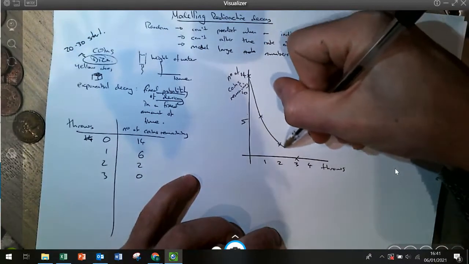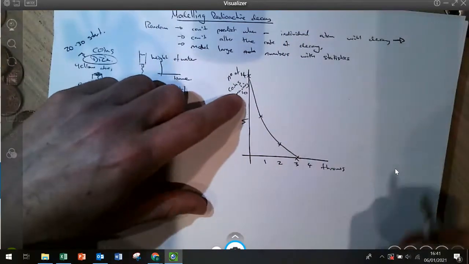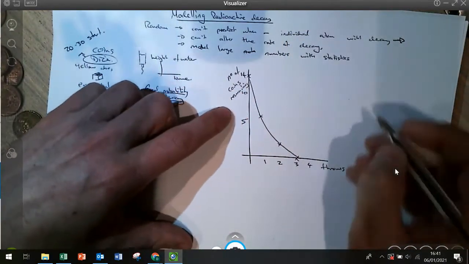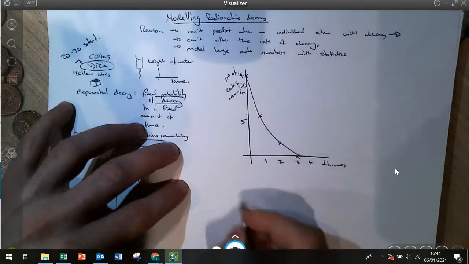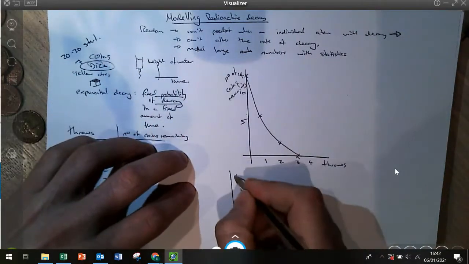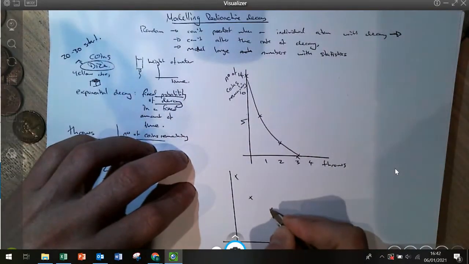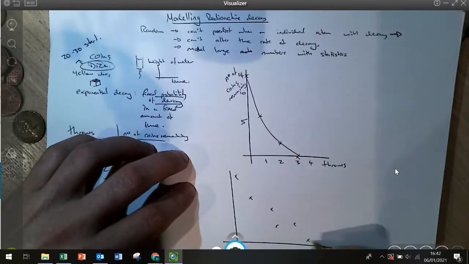But that's okay. So usually what you'll find when you do this is that the points will be a bit messy.